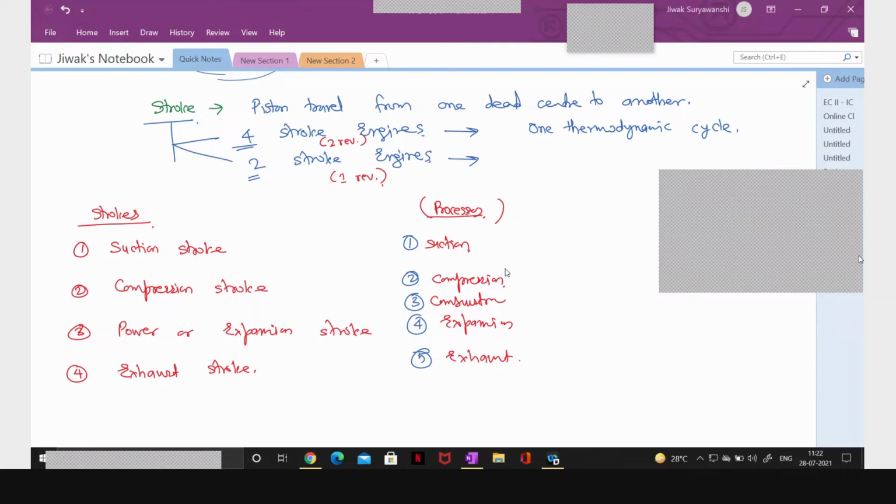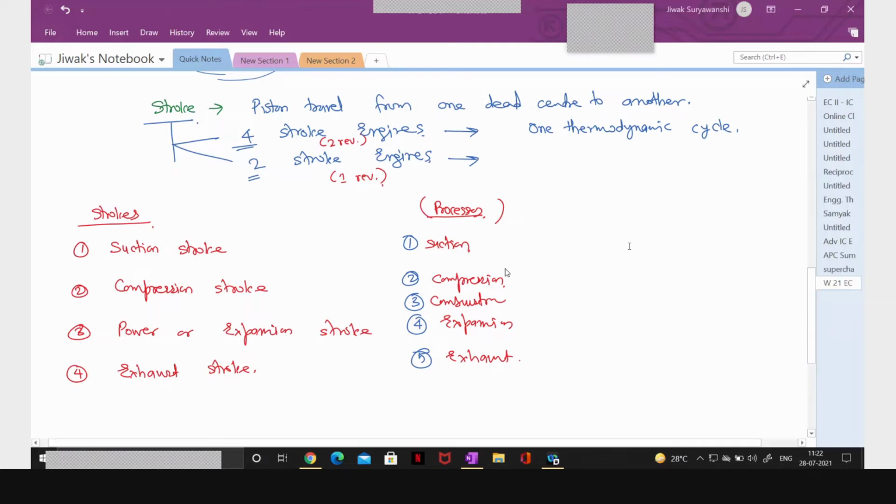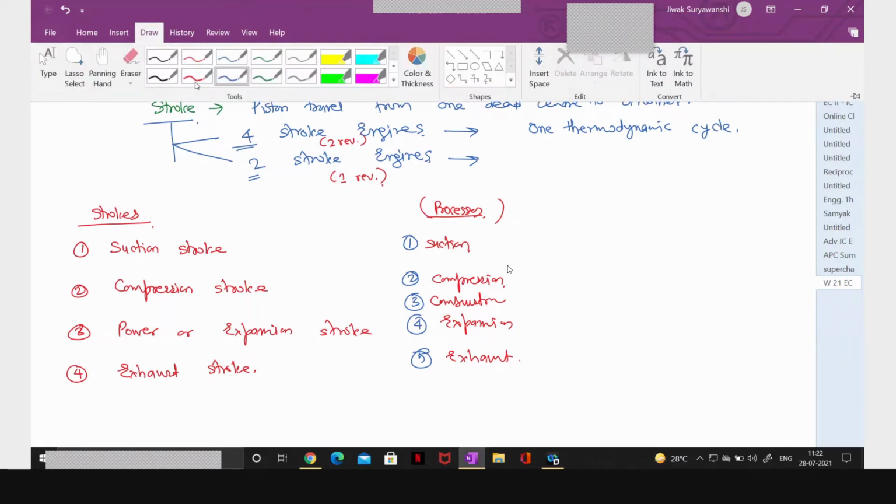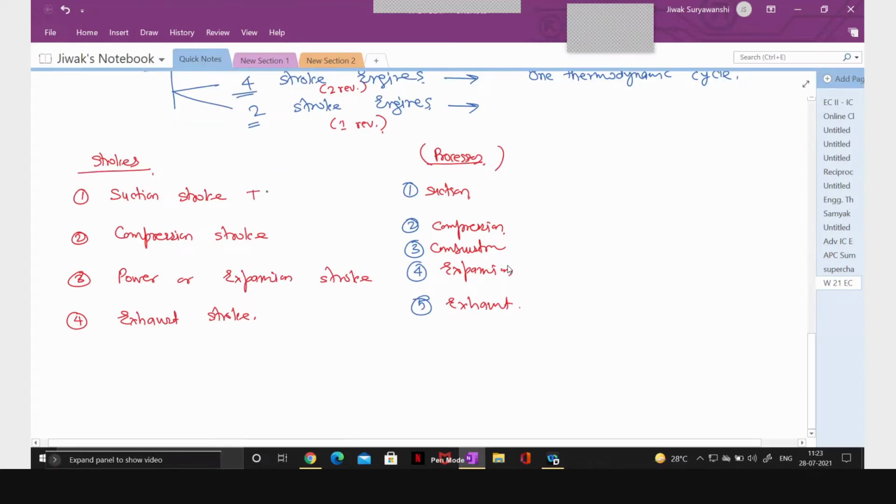In the case of the suction stroke, the piston moves from top center to bottom center. Okay, the piston moves from top center to bottom center.